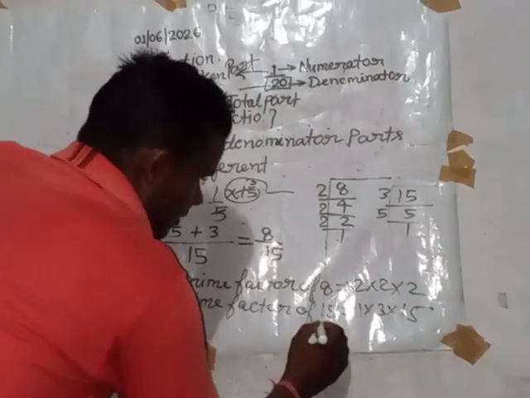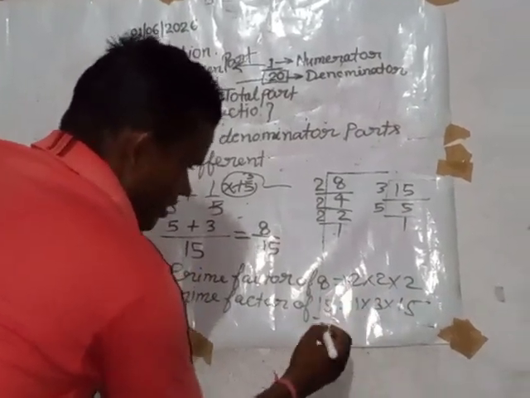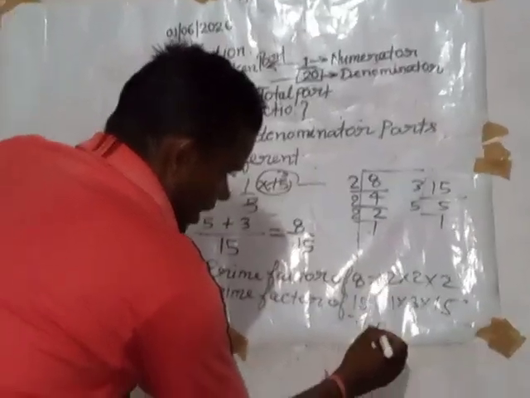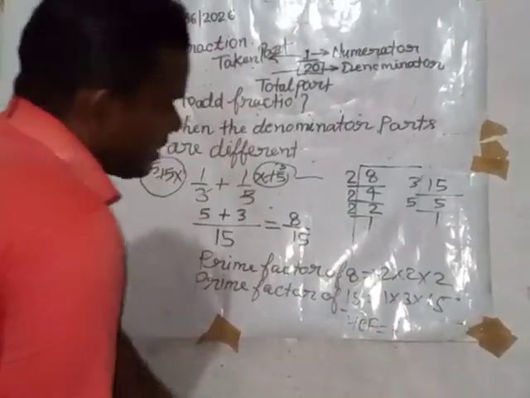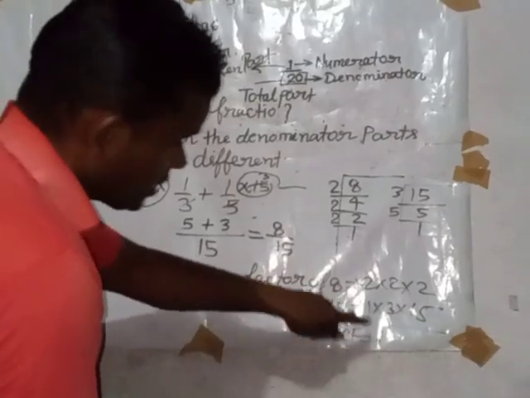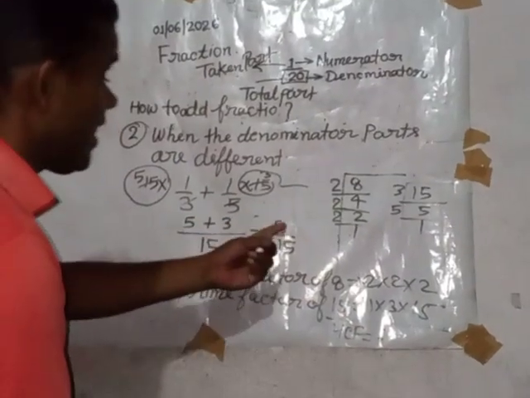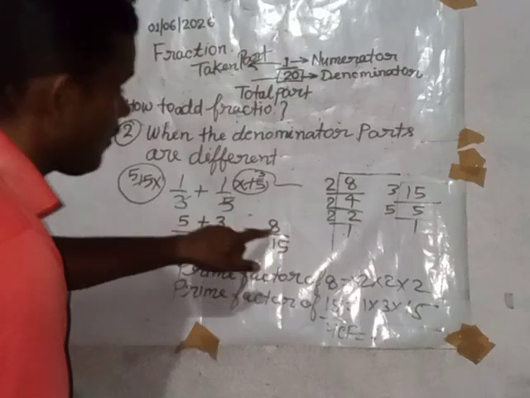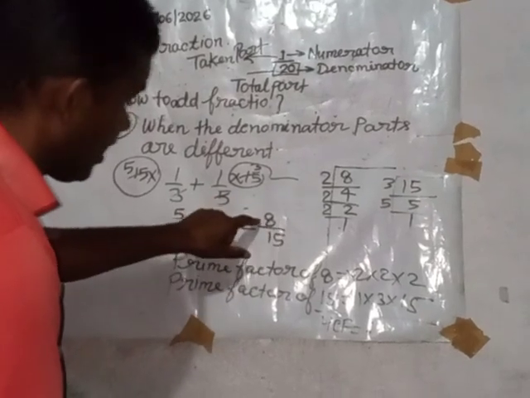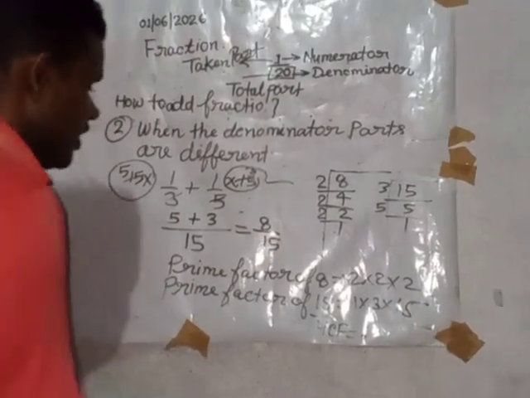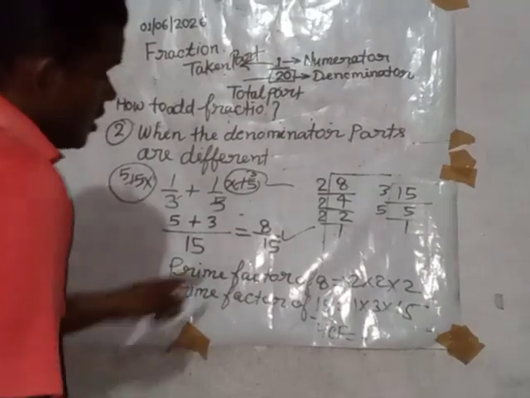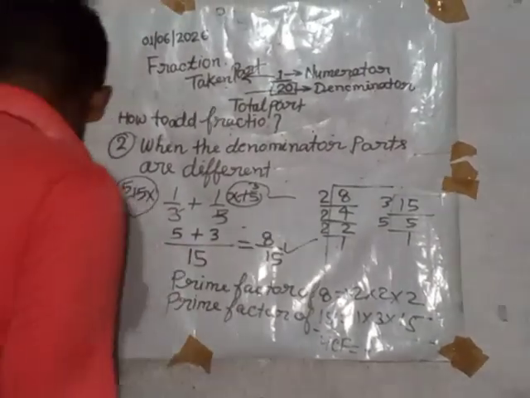Observe any common number: only 1, so the GCF is equal to 1. We divide by the GCF, so there is no common number in 8 and 15. That is clear, that is the simplest form. Any doubt?